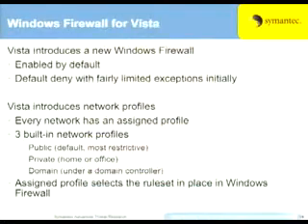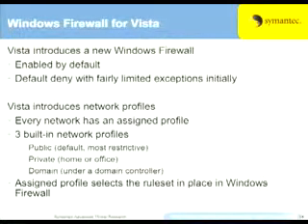Now I'll talk about what we found about this new firewall in Vista, based on a limited study that we did. The firewall is enabled by default, and it does default deny, and there are fairly limited exceptions initially.